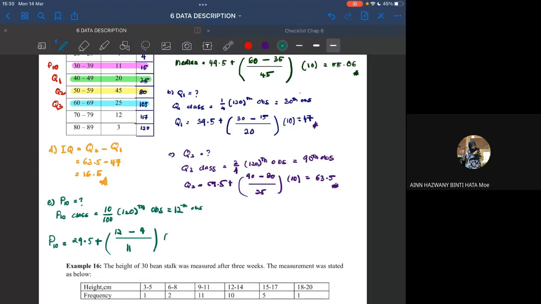Darab dengan class size kita which is 10, kita dapat berapa? 36.77. Okay, and last kali the same thing lah. Kita ulanglah benda yang sama which is 70, sepatutnya kamu akan dapat 61.1.